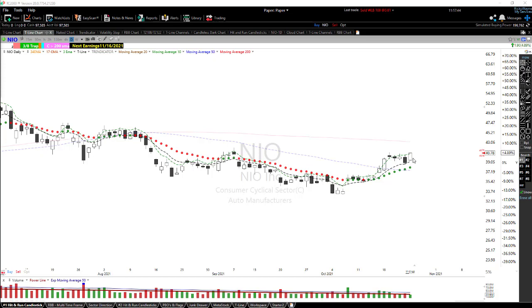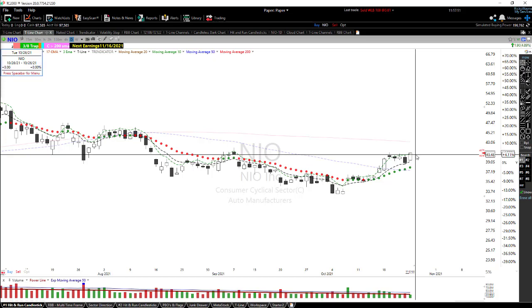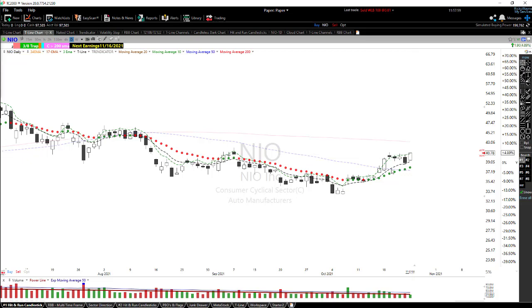So the point I'm trying to make here is, let's see, NIO, we're up 8.5% right now. There were several people in the Hit and Run Candlesticks room that bought this because it was coming up on their LTA scanner. Nice 3/8 trap, nice little trend. Everybody may have something a little bit different set up on the scanner. Take Malcolm, for instance.